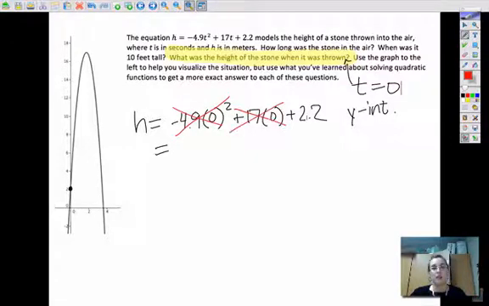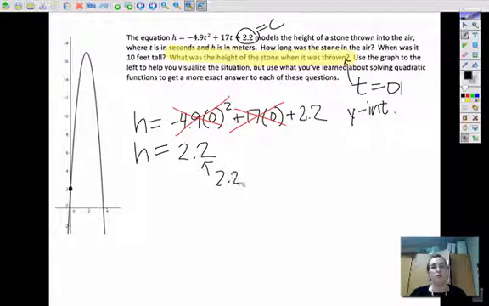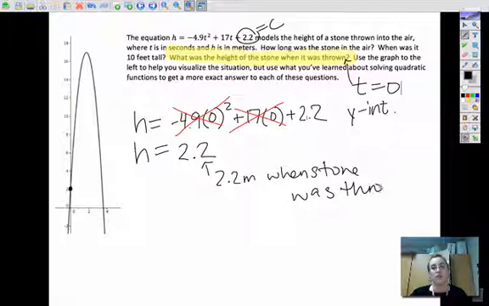This term's going to go away because it's multiplying by 0, leaving us with the height at time of 0 is 2.2. Okay? That number right here is our C, and remember I told you that that's our y-intercept. So the height of the stone when it was thrown was 2.2 meters.